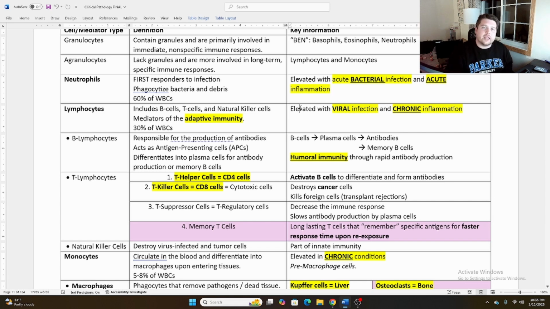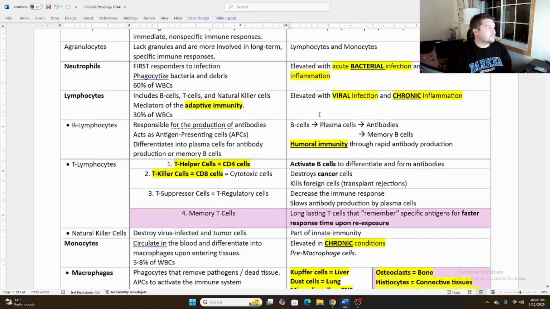Think about chronic inflammatory conditions like rheumatoid arthritis, lupus, anything that is an autoimmune condition, Hashimoto's thyroiditis. Those types of conditions, we have lymphocyte involvement. Some type of virus or chronic long-standing inflammation, the lymphocytes get involved.